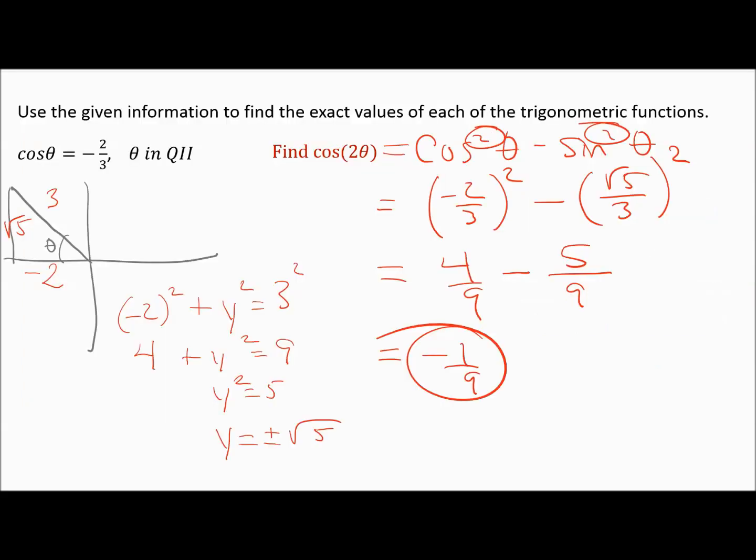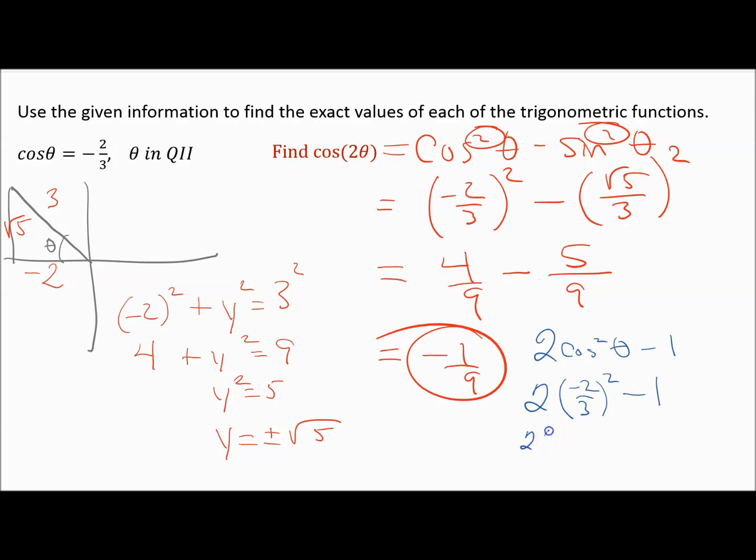All right, so I'll go back over here. In blue, I'm going to do 2 cosine squared of theta minus 1. So that's going to give me 2, and then cosine squared is going to be -2/3. Don't forget to square it, minus 1.